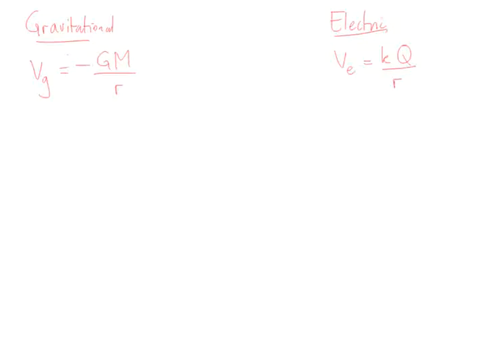So we can draw a point mass. Well, it's not going to be exactly a point mass, it's going to look like this. And at this point here, at a distance r from the centre of the mass, it's going to have a certain potential.